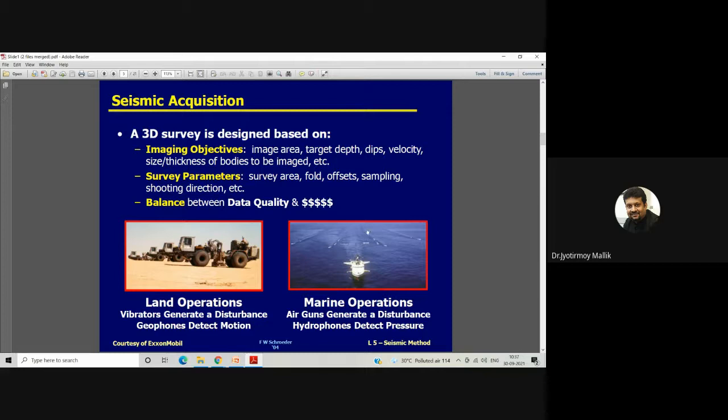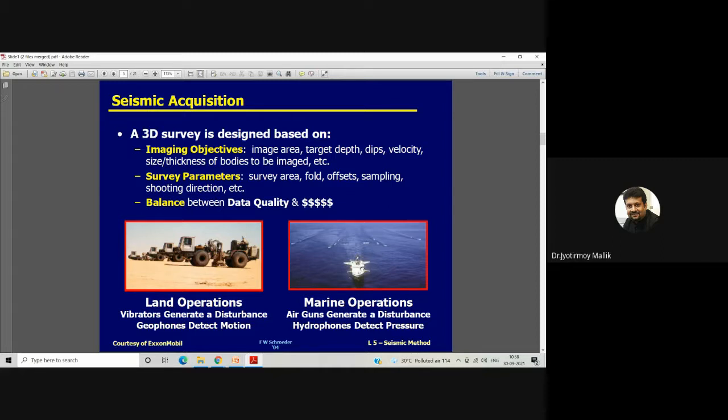Now you can see here two pictures of land operations and sea operations, marine operation. You have already seen marine operation. In the case of marine, air guns are fitted in this particular boat, and these are called seismic vessels.